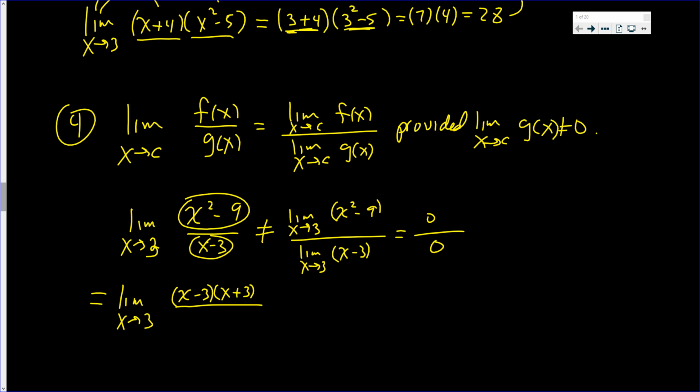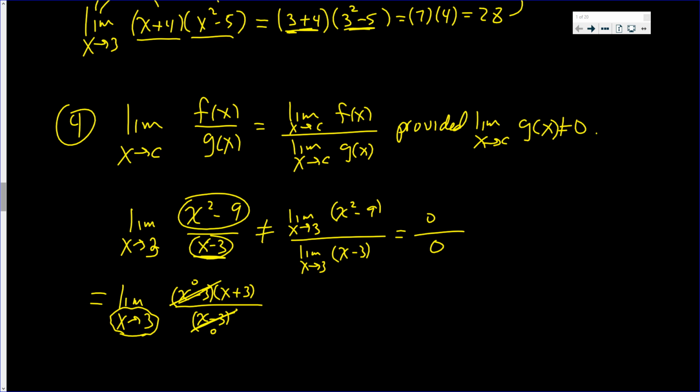And the bottom, if x equals 3 makes this bottom 0, then x minus 3 must be a factor. It turns out it's the only factor. Now, the only time this is not 1 is when x is 3, because if x is 3, you'd have 0 over 0. Oh, how nice. X is not 3. For right now, it's not 3.